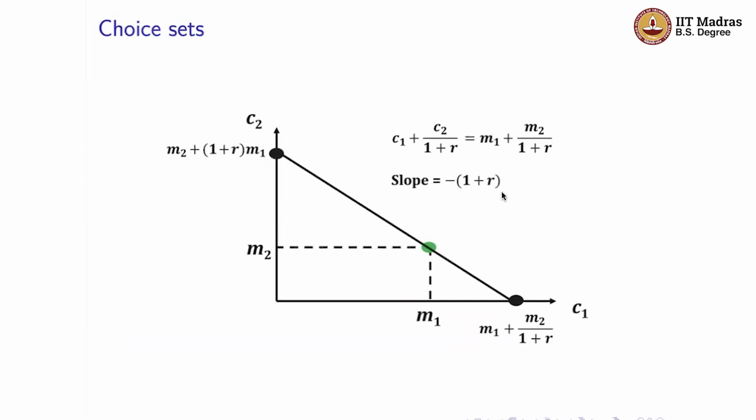Not only are you not getting to consume this, but you are also losing out on the interest that you could have got from this one more unit. And so you are giving up 1 plus R units in the future. That's how you get the expression for the slope. And the intercept terms we have already discussed before. So this is the main expression.